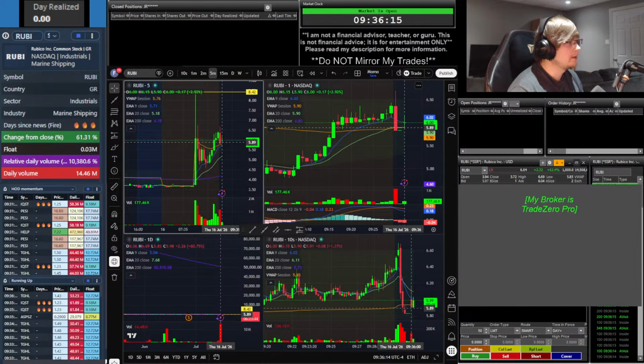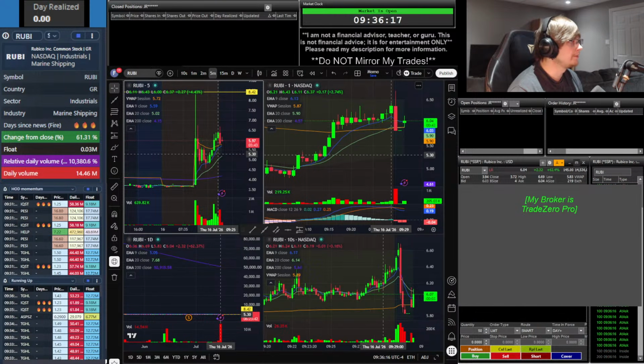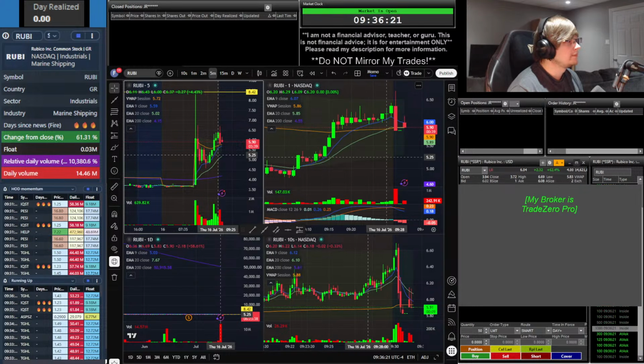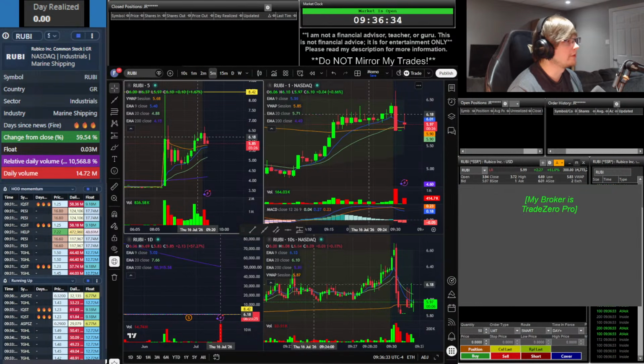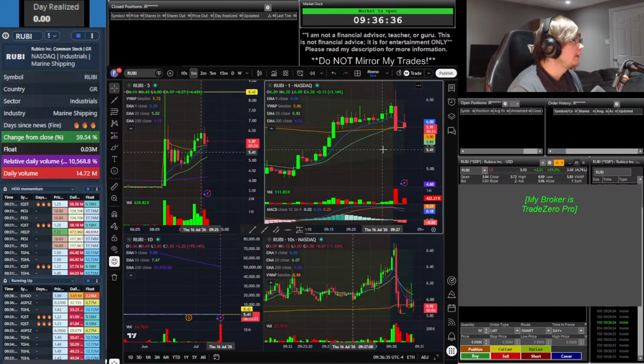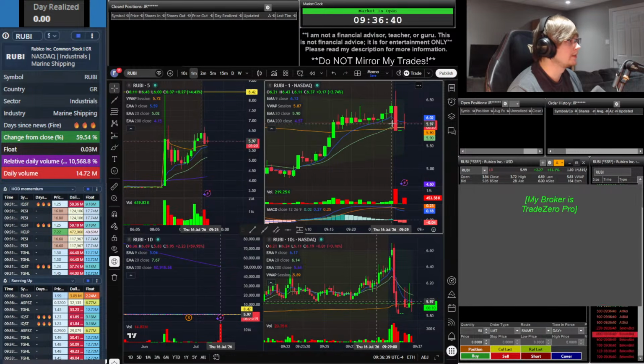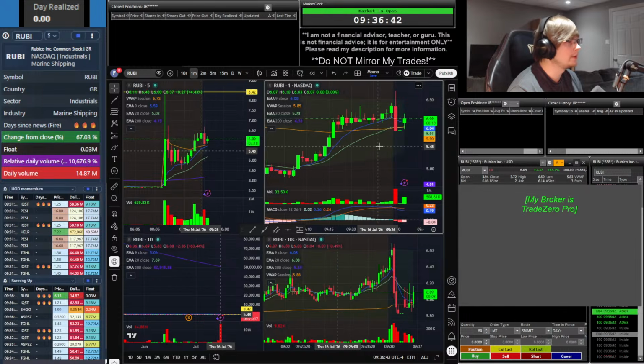Ruby is resuming and potentially bouncing off of VWAP here. I don't think I'm comfortable trading this though. Same issue that I had earlier. Comfortable trading this after it just pulled off into a halt down.